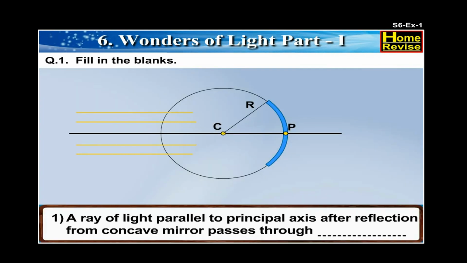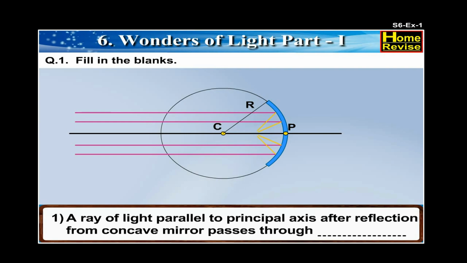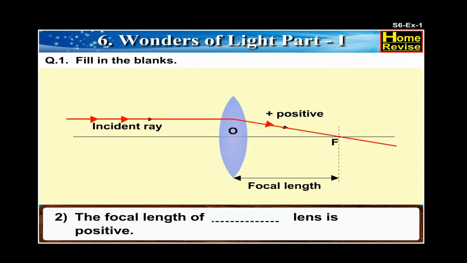1. A ray of light parallel to principal axis after reflection from concave mirror passes through dash. The answer is a ray of light parallel to principal axis after reflection from concave mirror passes through focus. 2.